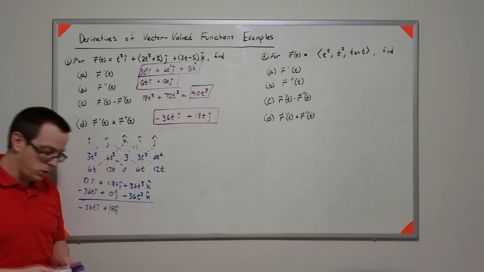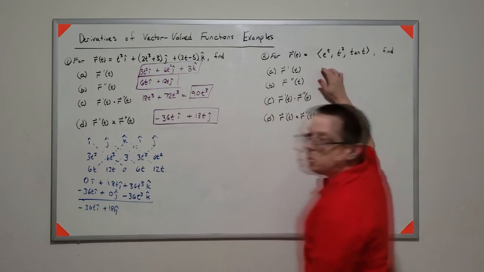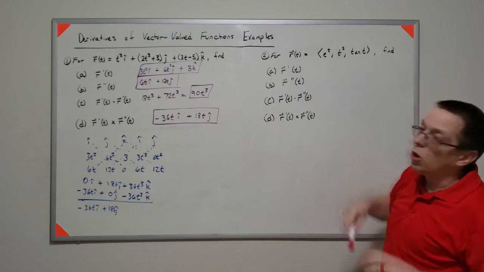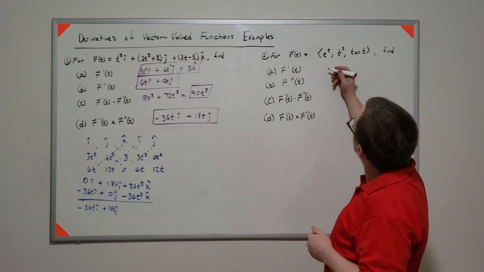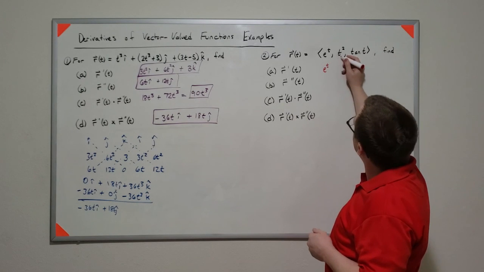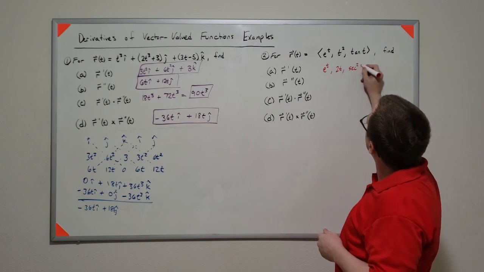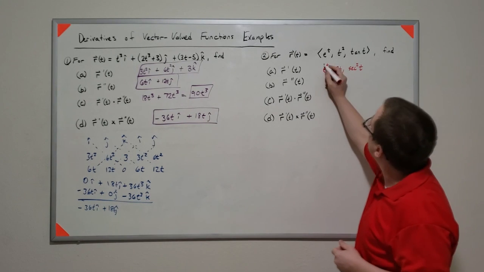All right, so then let's do the same thing over here. R prime of t is going to be e to the t, 2t, secant squared t.